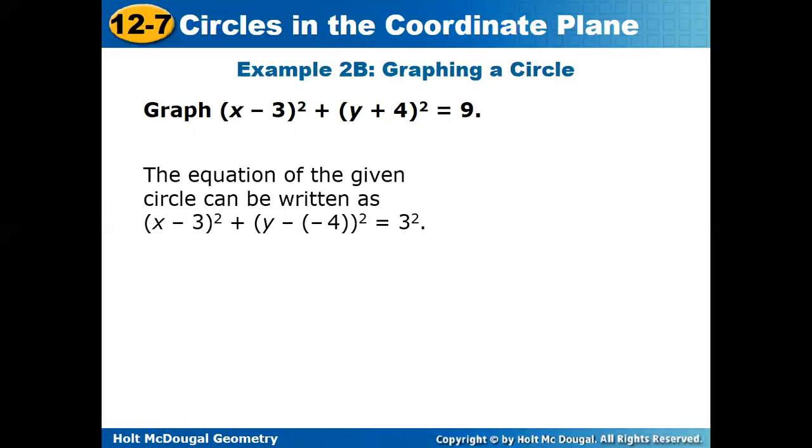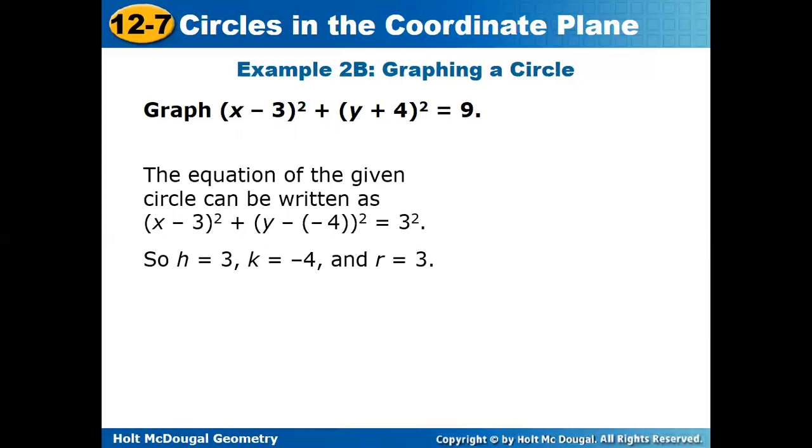Why did we write it in this way? To identify the center. The center now is 3 and -4, okay? And this 9, you can write as 3 power 2. So the radius now is only 3. So we have h is 3, k is -4, and r equals 3.